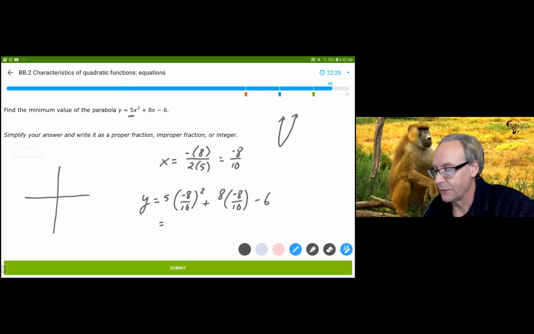So we got a lot of stuff going on. First of all, I've got negative 8 over 10 squared, which is 64 over 100, but I'm multiplying it by 5. So that's going to be 64 over 20. That could be reduced to 32 over 10.